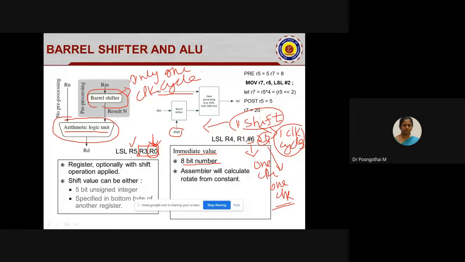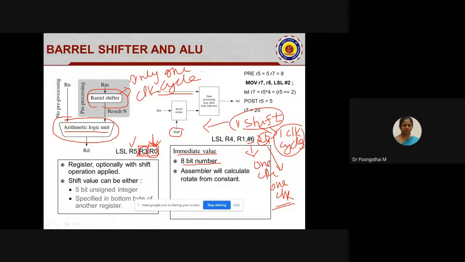Look at this example. This is the example for the logical shift left instruction: R5, R3, R0. This R0 holds the number of shifts. Based on the number held by R0, it will perform the logical shift left operation on R3.